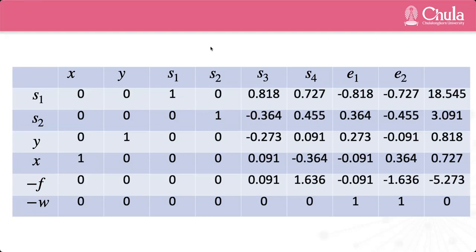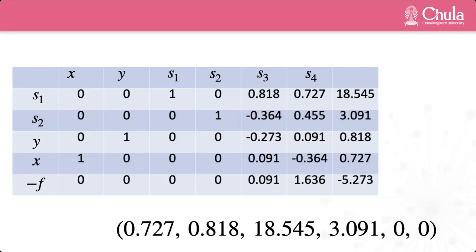Now we have this table, and W becomes 0 already. So we can remove the W row and the E1 and E2 columns. Then we start phase 2 from here.